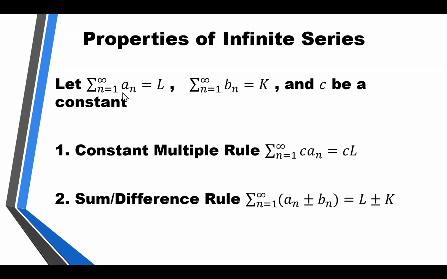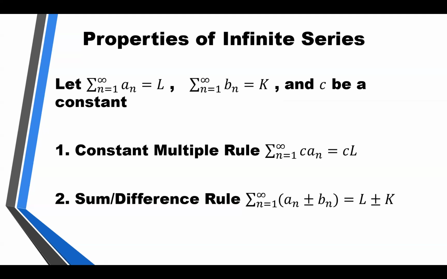This allows us to break down infinite series into smaller pieces. Now, by the way, this is only if the two original series converge to real numbers. If both of these go off to infinity, then all bets are off.